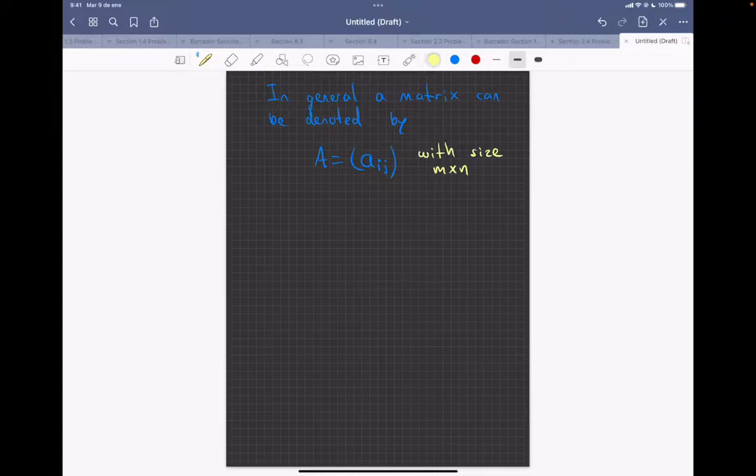For example, the first thing I can say is equality of matrices.